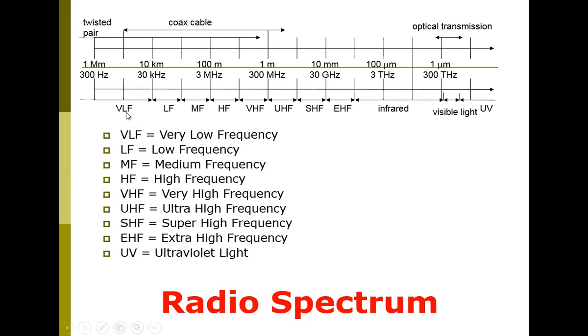For VLF, the frequency range shown is 300 hertz to 30 kilohertz, and up to 10 kilometers it can work. Low frequency is between 30 kilohertz and 3 megahertz. One chart has also been given for you for better understanding. This is basically the frequency allocation to a frequency band named very low frequency, high frequency, medium frequency.